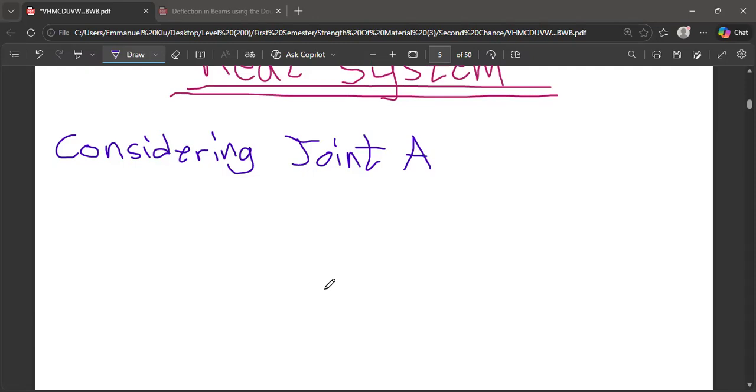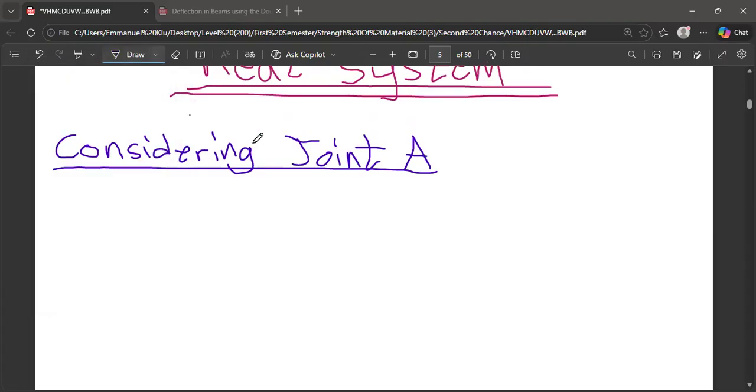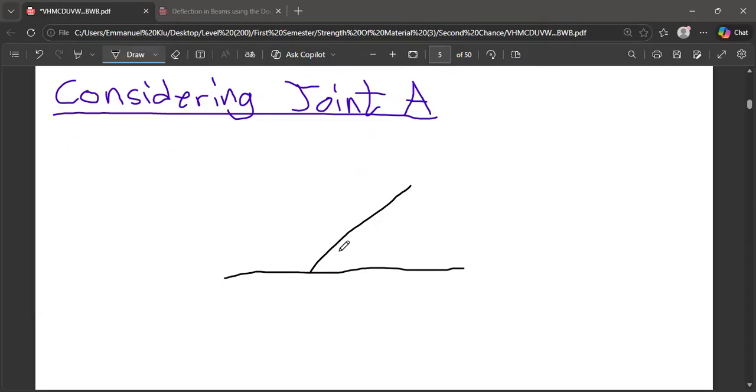If we are considering joint A, that implies that we have to redraw just that part. All the parts that are affected by A, we have to redraw again. So I'm going to put a diagram over here, and this is how the diagram is going to look. So this is the angle over here.